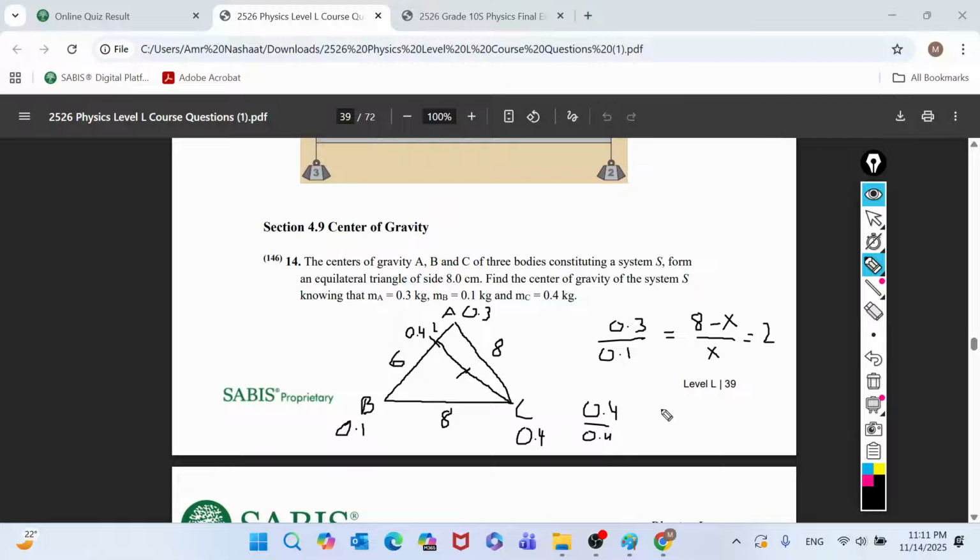So the center of mass is going to be here, in the middle of the 2 points. If you want to calculate exactly where in the triangle it is, I don't think they want you to do that, but this is where the center of gravity would be.